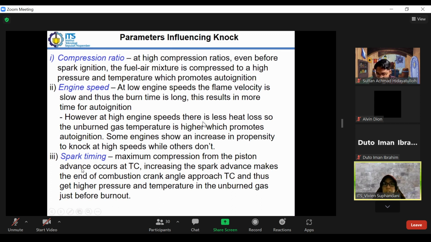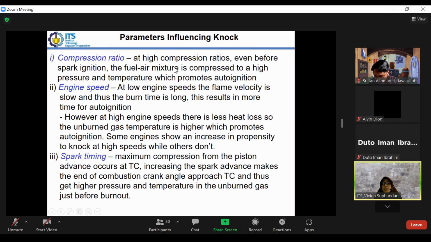And also this is dealing with spark timing. Maximum compression from the piston advance occurs at top center. Increasing the spark advance makes the end of combustion crank angle approach the top center and thus gets higher pressure and temperature in the unburned gas just before burnout.